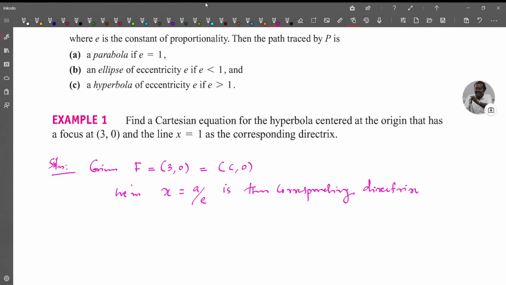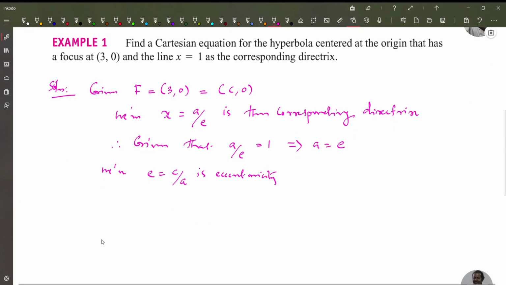Therefore, given that a by e equal to 1, this implies a equal to e. We have e equal to c by a as the eccentricity. Therefore, e equal to c by a, we have a equal to e, c by e. So this implies e square is equal to c.